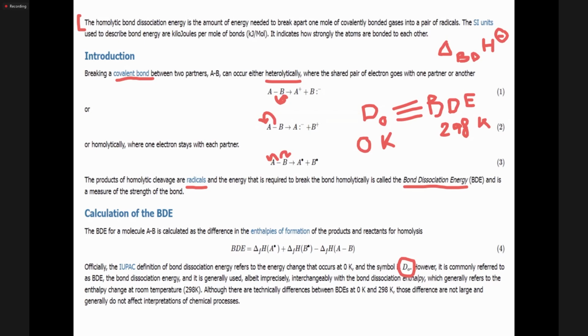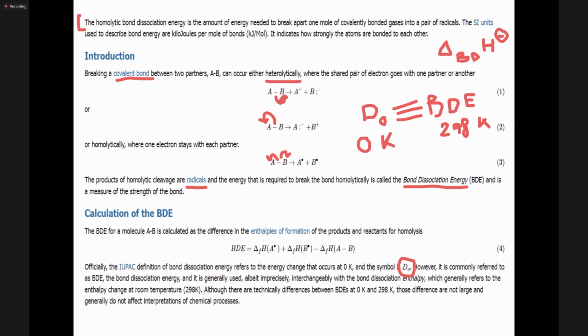Why is it so? Because the differences between 0 Kelvin and 298 Kelvin bond dissociation energies are not that large. Generally, the interpretation of the chemical process does not get hampered if we take the assumption from 0 Kelvin to 298 Kelvin. That's why we can interchangeably use bond dissociation energy with D0.